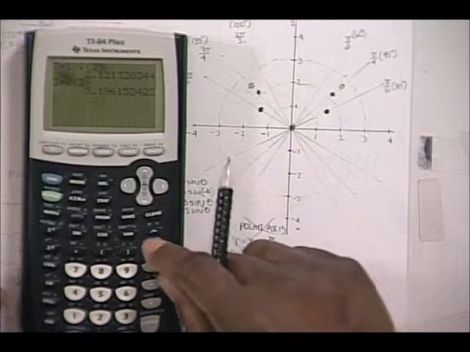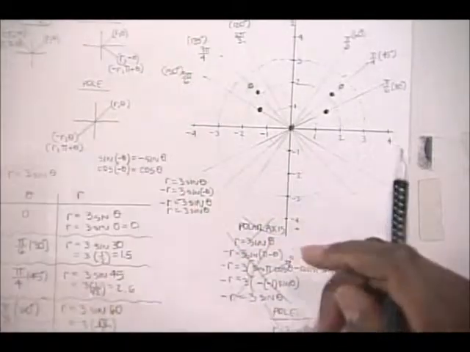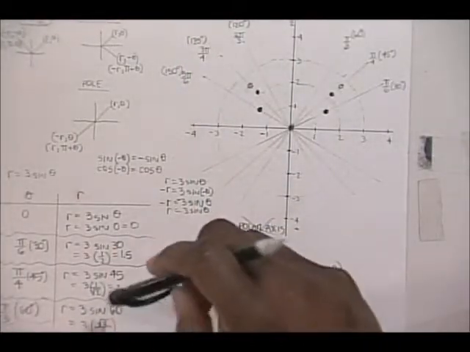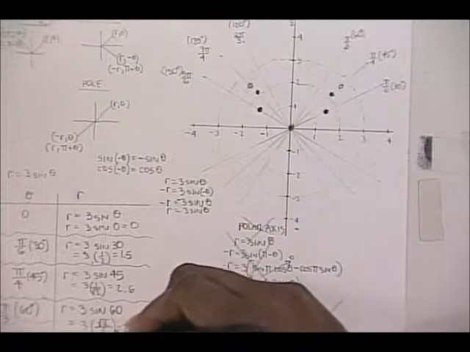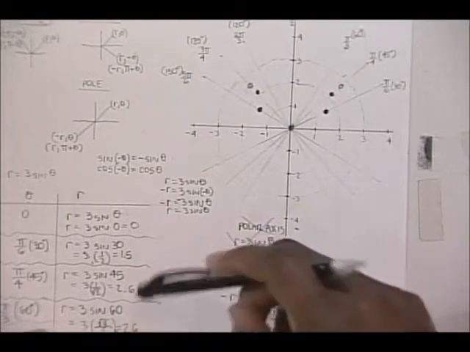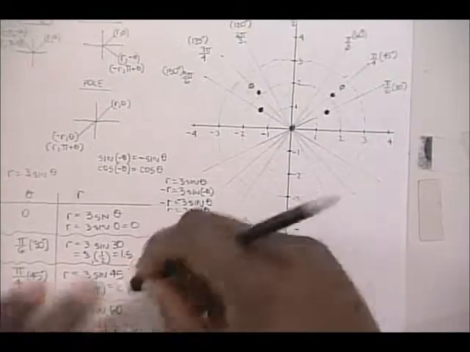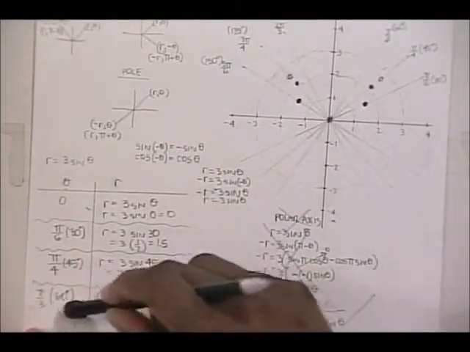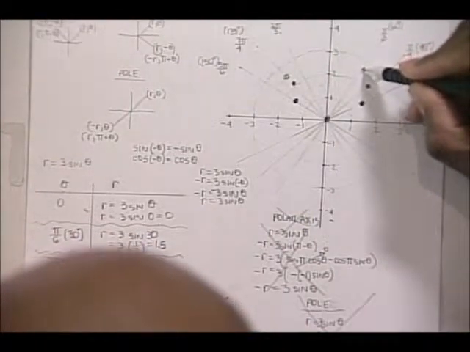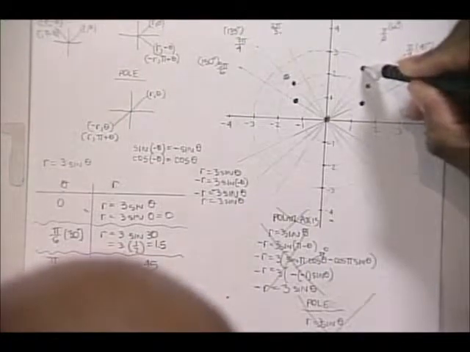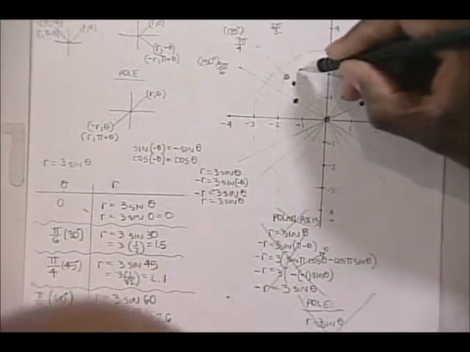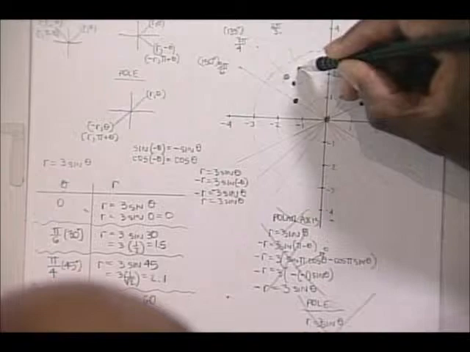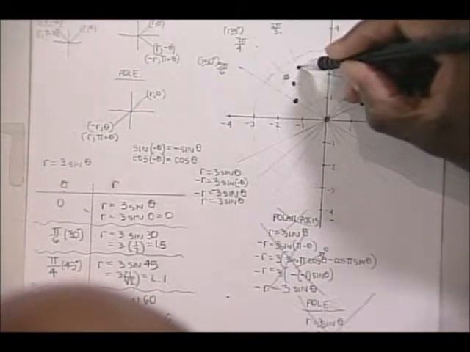And you divide by 2, and you get 2.6. So this is 2.6, and this was 2.1. All right. So now you end up with 60 degrees. You're going out 2.6, which is about right there. And again, this is symmetric about the y-axis. You plot 2.6 about right there.